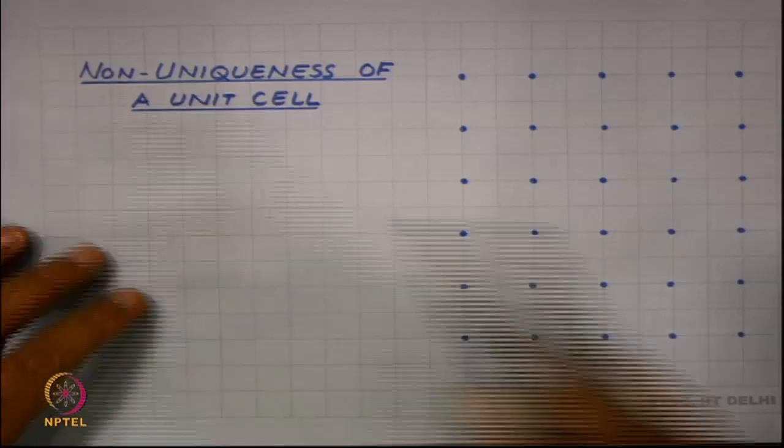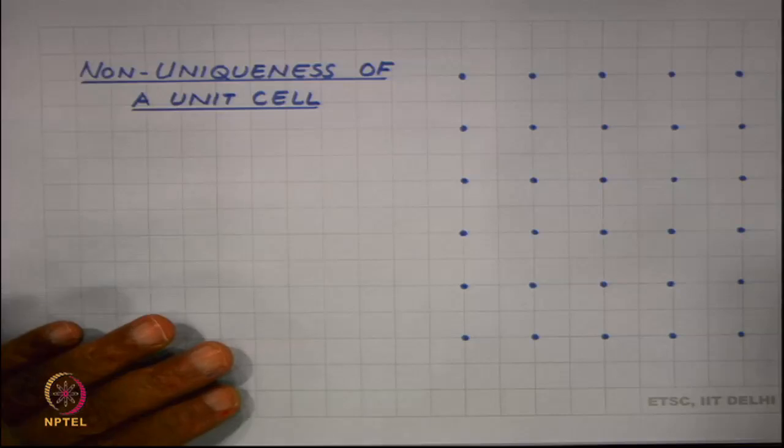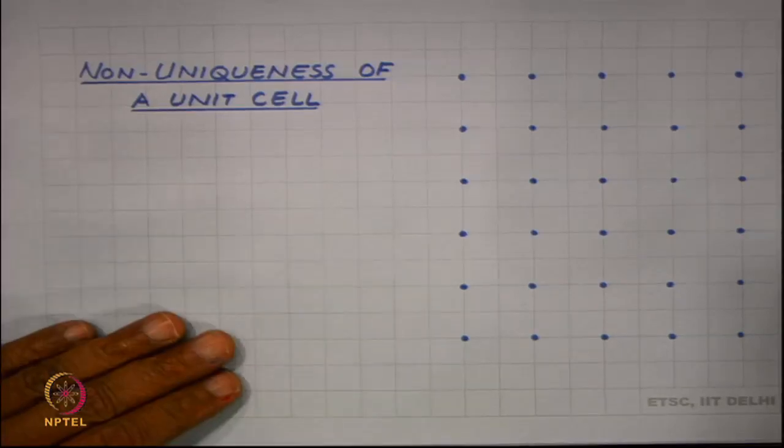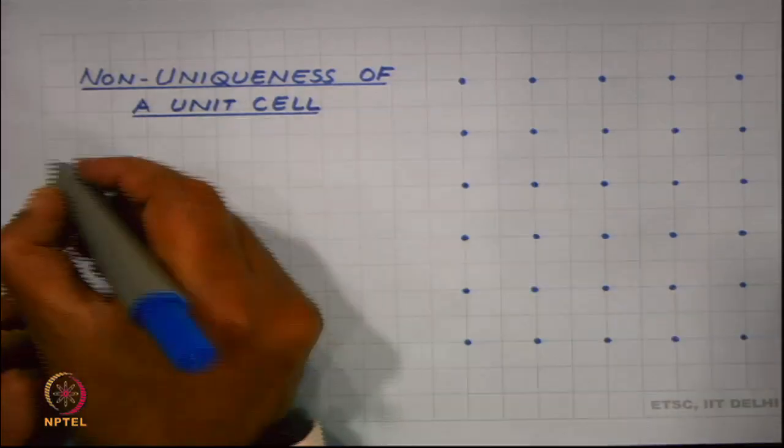However, a given lattice has not one unit cell, but many different unit cells. So, the unit cells are not unique.